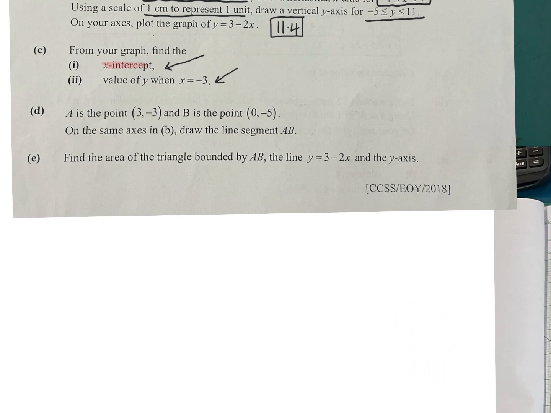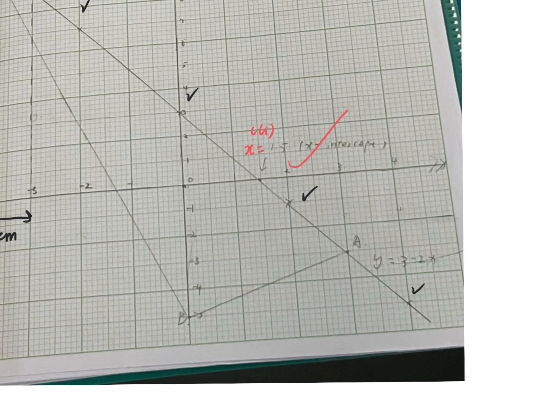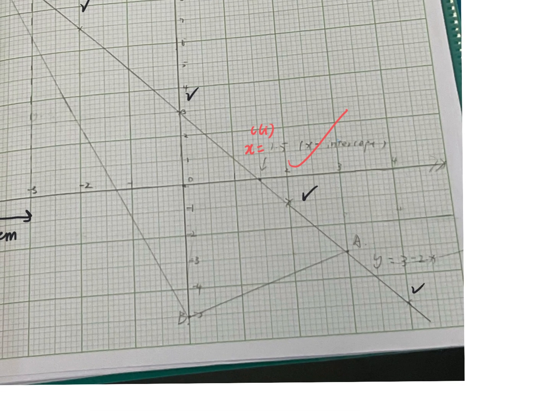Last one is the slightly trickier one. They say, can you plot out the point A and B? A is 3, negative 3. So 3, negative 3 is right over here. So plot out your point A. Next point B is 0, 3.